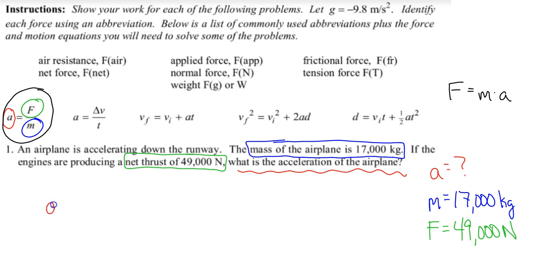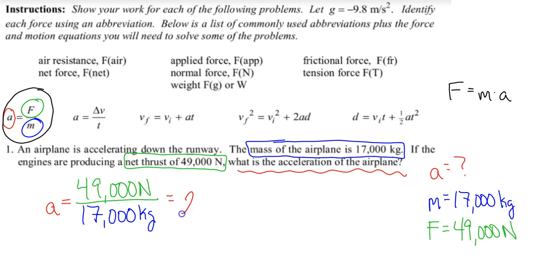So A is equal to our force, which is 49,000 newtons, divided by our mass, which is 17,000 kilograms, and that will give us our acceleration of 2.9.